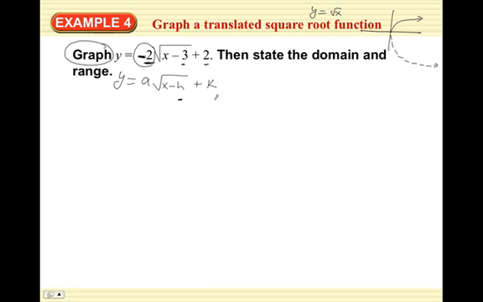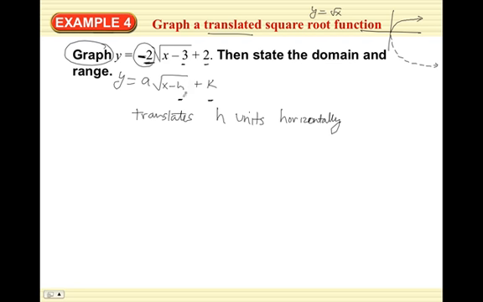But then you have this and this, your h and your k. All h and k do is move it. It's a translation. So here's what you have to remember out of this. It translates h units horizontally, meaning left to right.